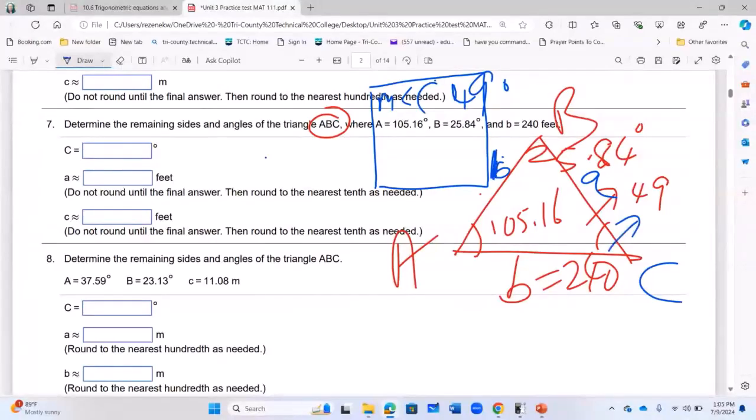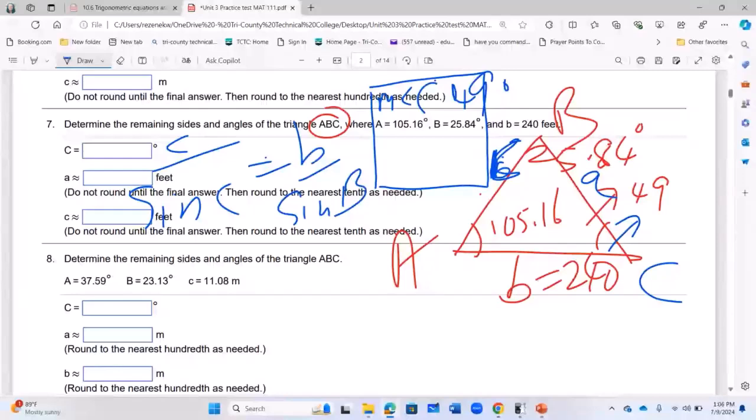Okay. So the next thing I want to find is the measure of side C. So C over sine C is equal to B over sine B. And I don't have C. All right, so I am looking for C. So I have C over sine of 49 degrees is equal to B, which is 240 given to me, over sine B. Sine B is 25.84.